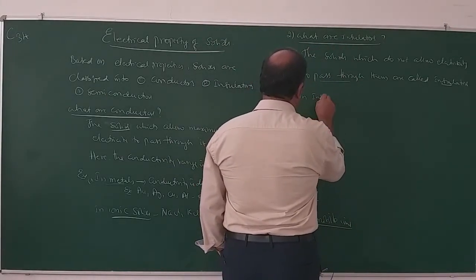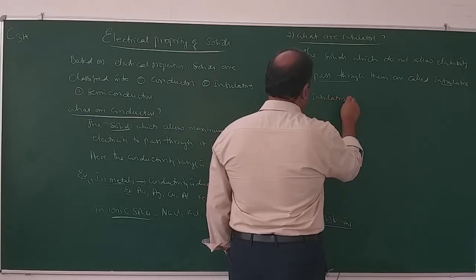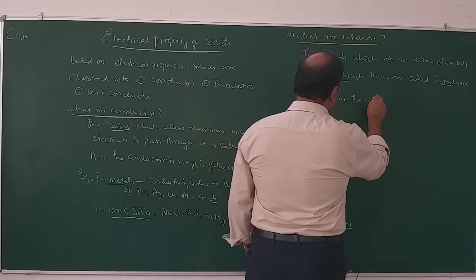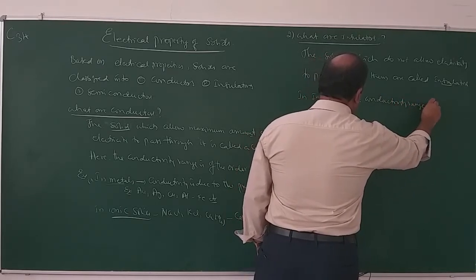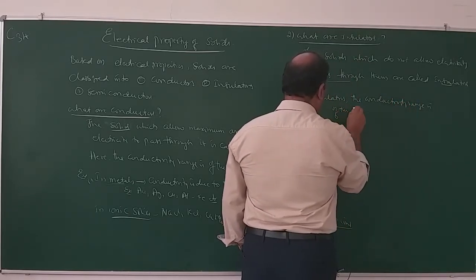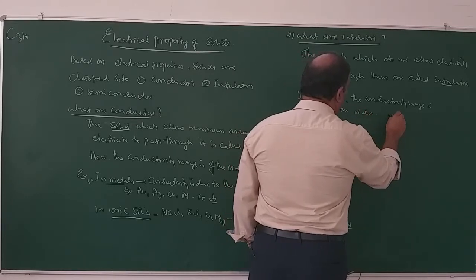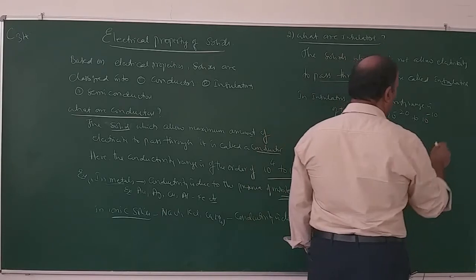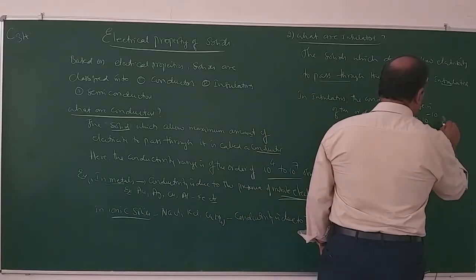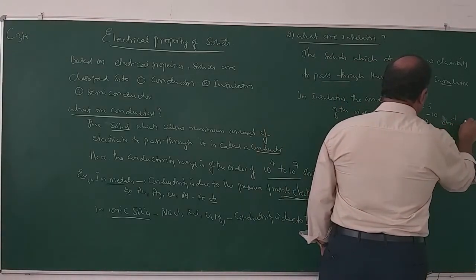In insulators, the conductivity range is of the order of 10 to the power of minus 20 to 10 to the power of minus 10 ohm minus 1 meter minus 1.